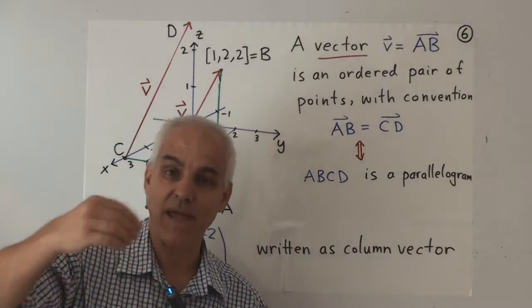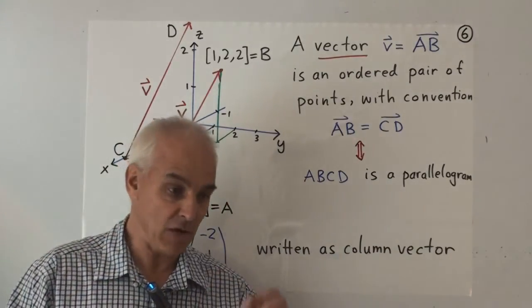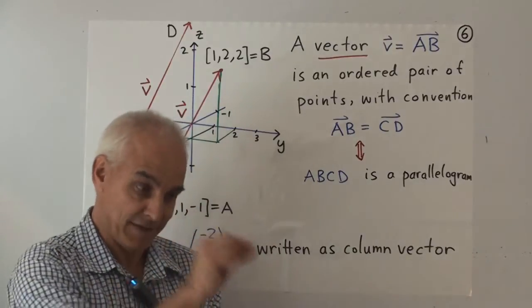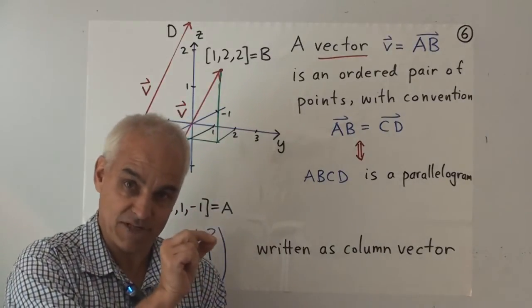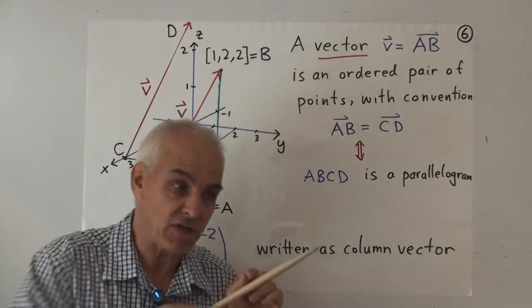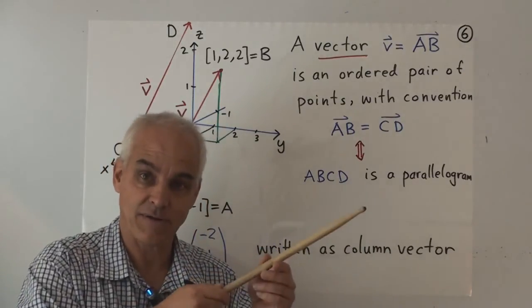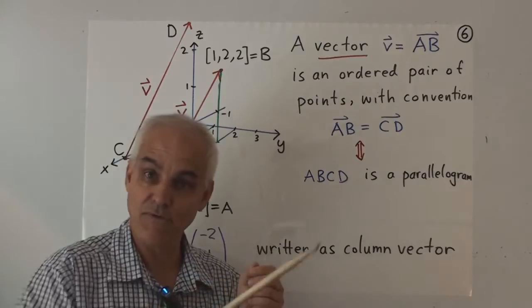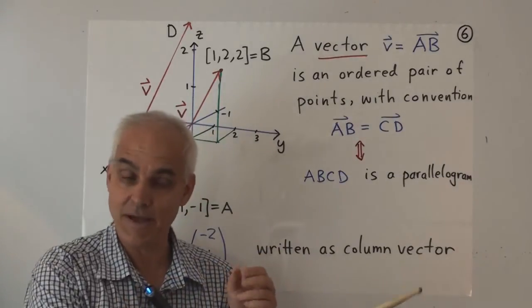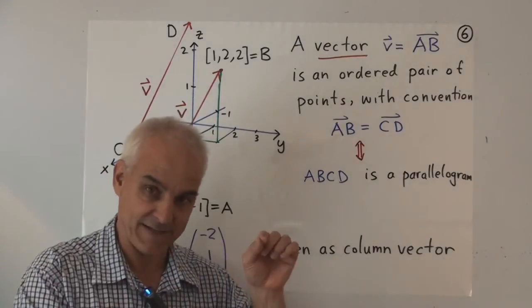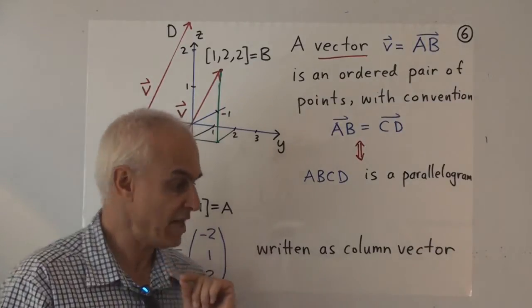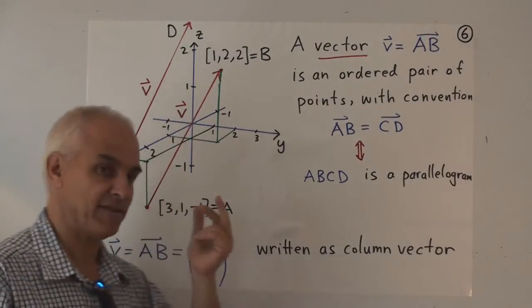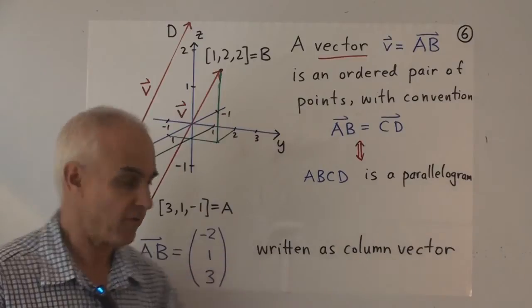But when it comes to applications, it's really important to distinguish between the idea of a point, which is just a particular position, and a vector, which is a directed line segment. Vectors can be moved around, and they're still the same. Points cannot be moved, they're fixed. So it's a very important distinction, and that's why I'm making that distinction very, very obvious in this course.